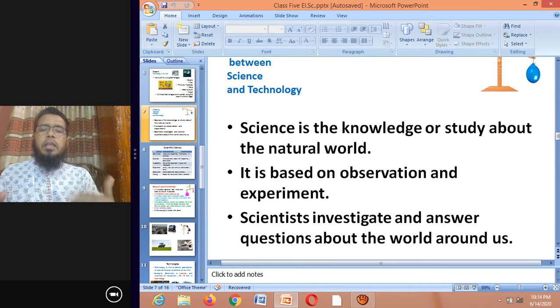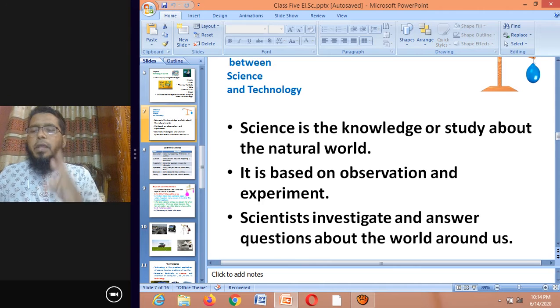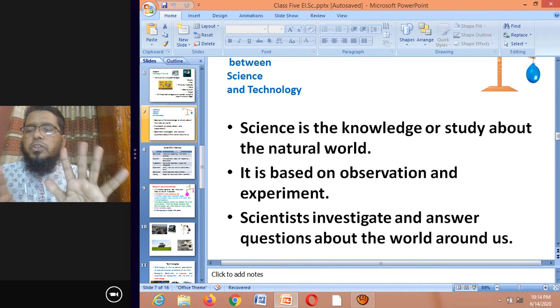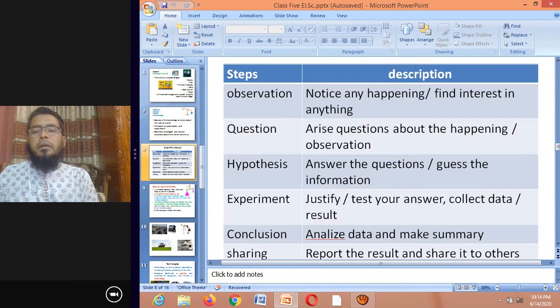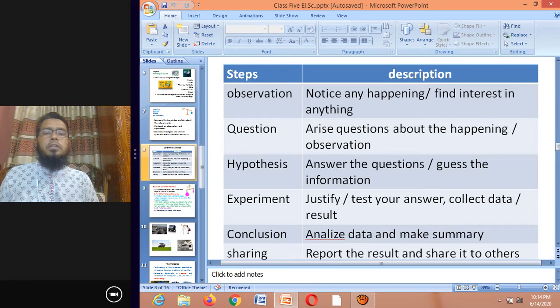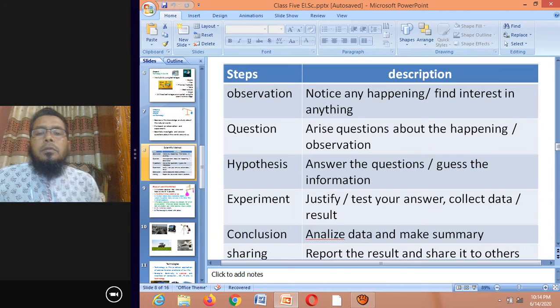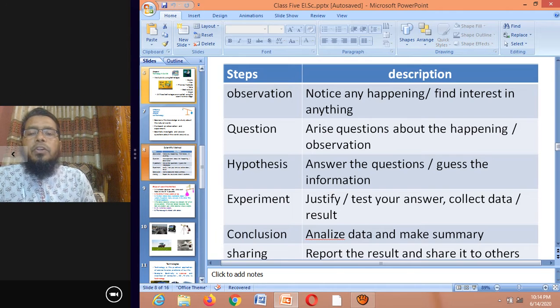So, the scientific method has some steps. There are 6 steps of the scientific method. 6 steps are mentioned here, and the students, you can see the 6 steps. Step 1 is observation.